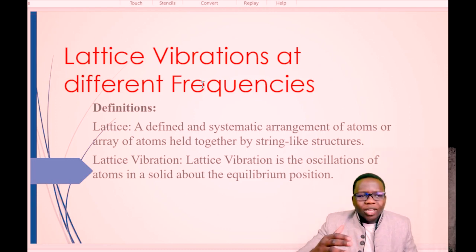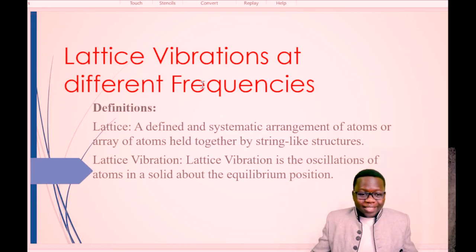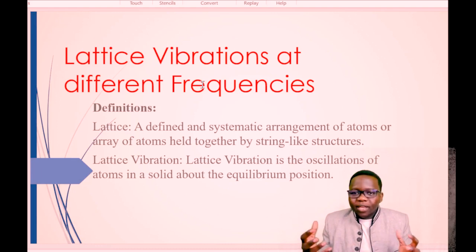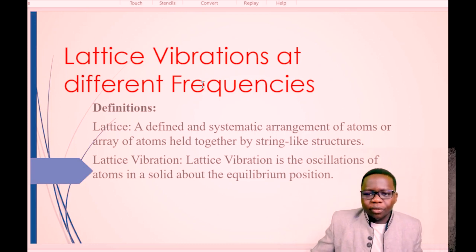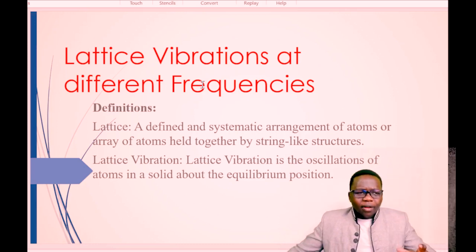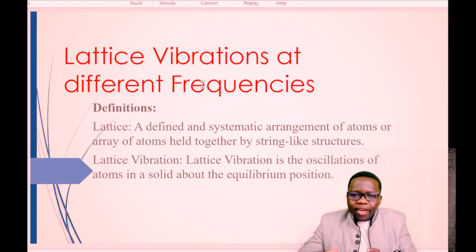Also, we want to derive the fact that if these solids vibrate, then we want to relate the frequency of vibration. If something is vibrating, then it has a frequency at which it vibrates. So what is the relationship between the frequency of vibration and the constant of propagation?